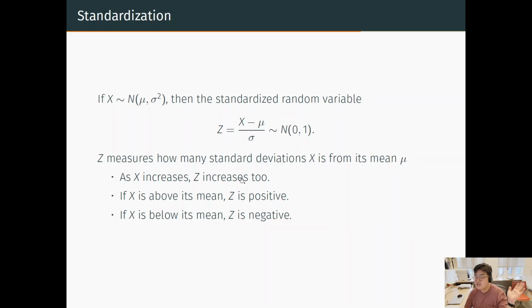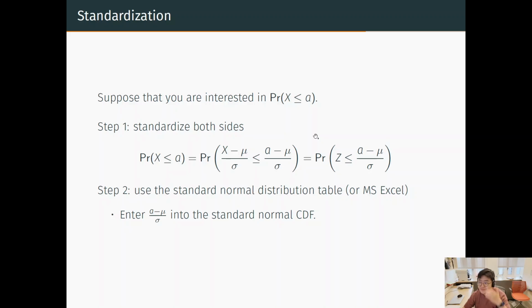As x increases, z also increases, and if x is above its mean, then z is positive, otherwise z is negative. So the standardized variable itself is pretty useful, but it's also useful for applying the standard normal distribution. Okay?